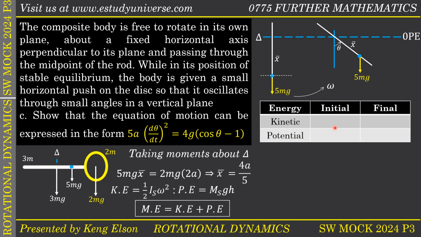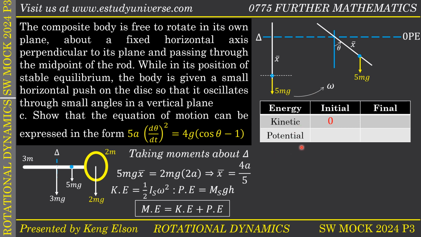So we are going to fill this table where we are going to find the initial and the final kinetic and potential energy respectively. For the initial kinetic energy, initially the body was at rest. For the initial kinetic energy we need to replace omega here with omega initial, but since omega is d theta by dt and initially the angle was constant, the angle was not changing, when we differentiate the angle we get 0, so the initial kinetic energy is 0.